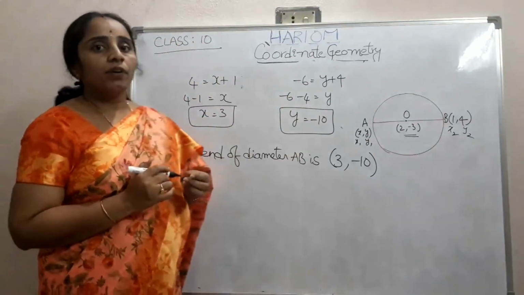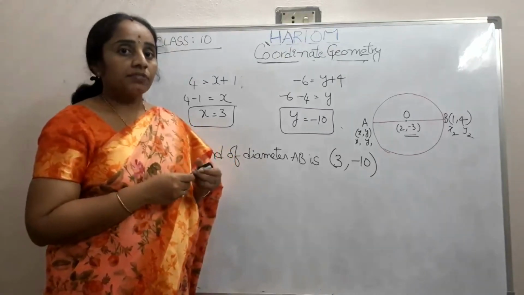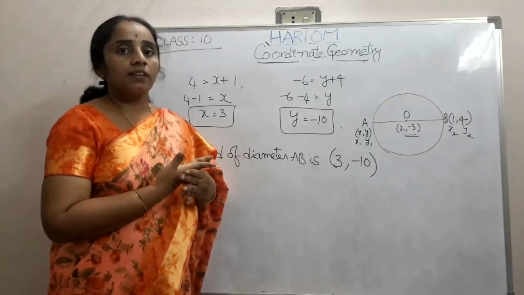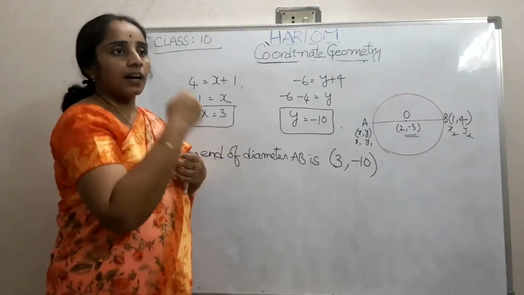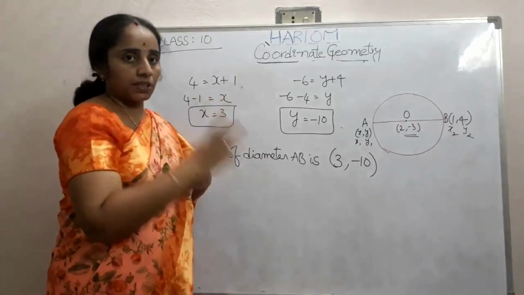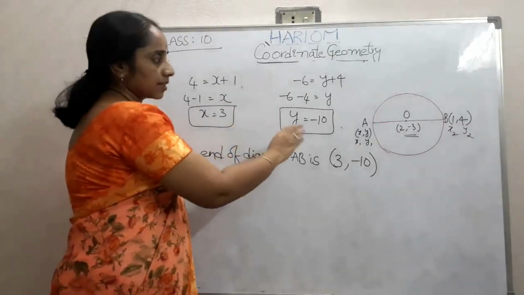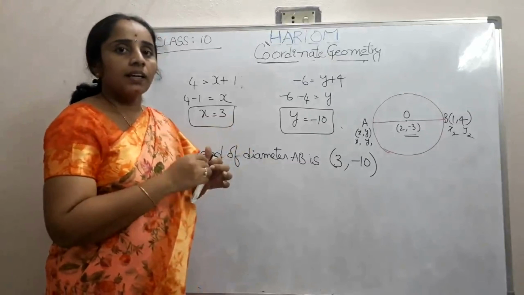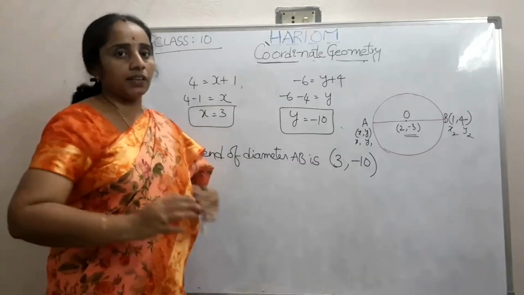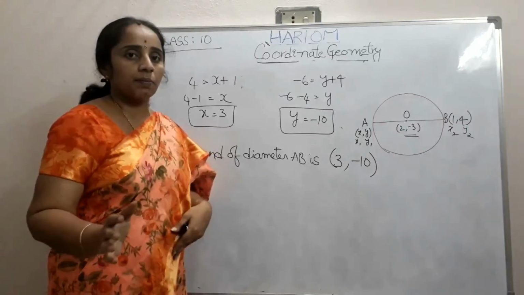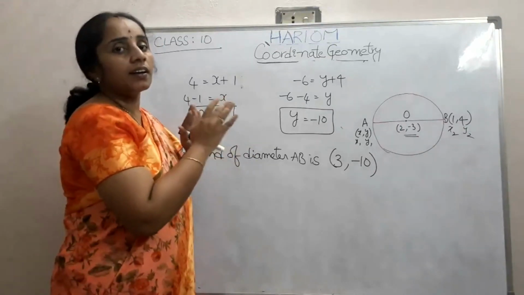The same we can extend to quadrilaterals also. If the diagonals are equal, then how to find the missing coordinate, this type of missing coordinates, everything. So up to now we discussed internal division. Hereafter we are going to discuss the midpoint, that is, equal ratio.